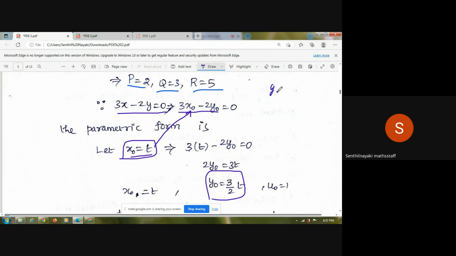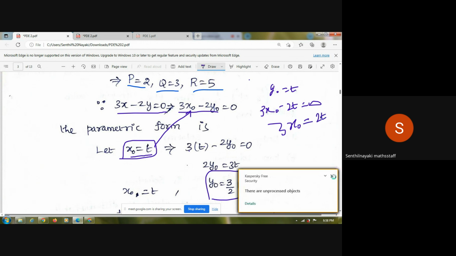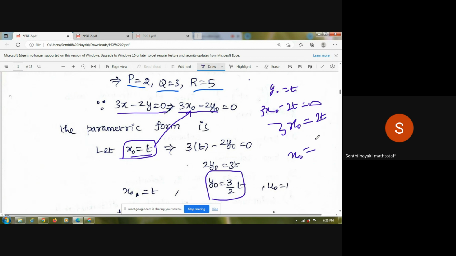If we assume y naught equal to t, then substituting into this equation we get 3x naught minus 2t equal to 0. Then 3x naught equal to 2t and x naught equal to 2 by 3 into t.